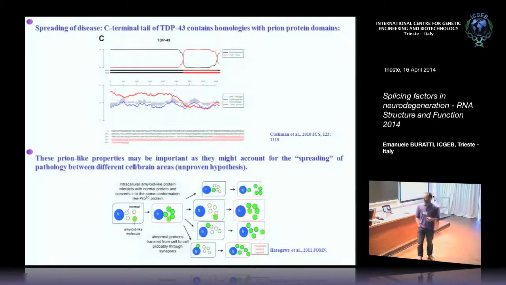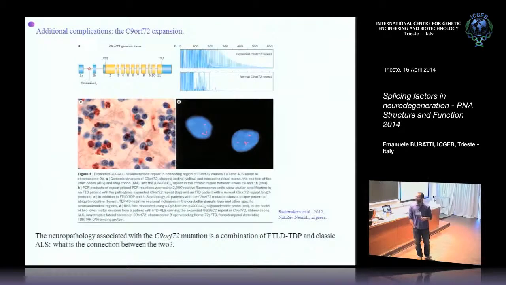Another thing we can do, now that we know TDP-43 is involved, is to start to understand how TDP-43 can relate to other defects found in the brains of patients who eventually develop ALS and FTD.